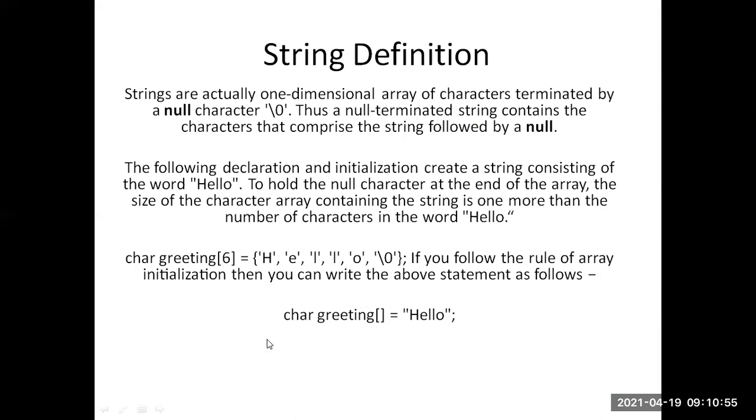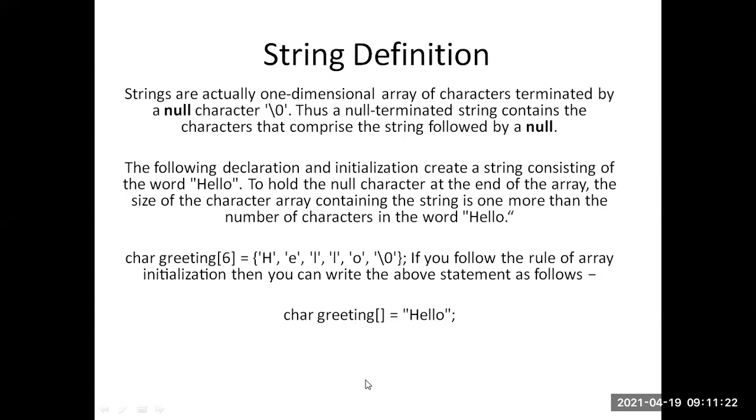We can represent a string in two ways. This is one way of representation. Another way is this, without giving any size for the array, and it will allocate memory by default, of size 1, 2, 3, 4, 5, total 6.